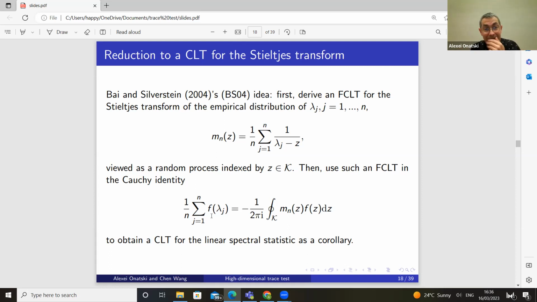And so our proof is trying to mimic a proof of the behavior of this kind of statistics for lambdas, which are eigenvalues of a simple covariance matrix. And this proof was given in Bai and Silverstein in a 2004 Annals of Probability paper.